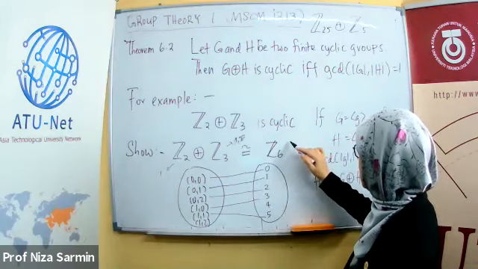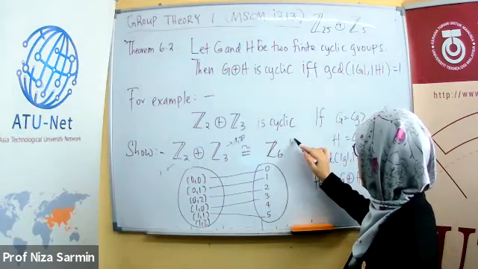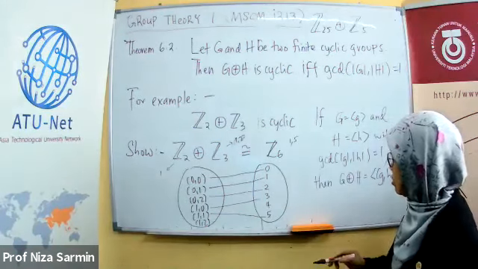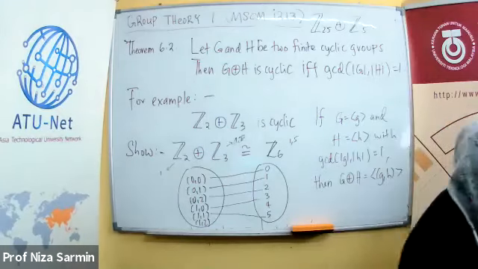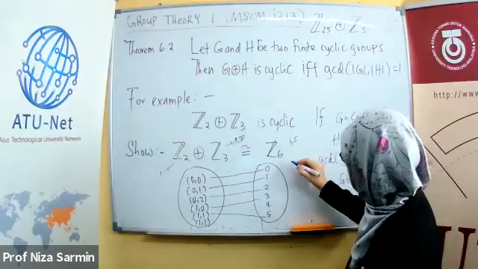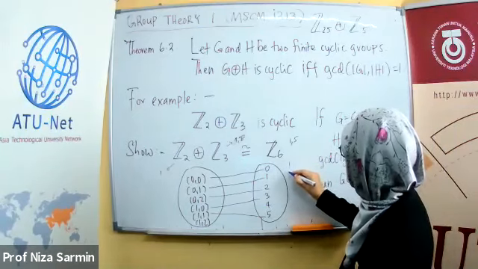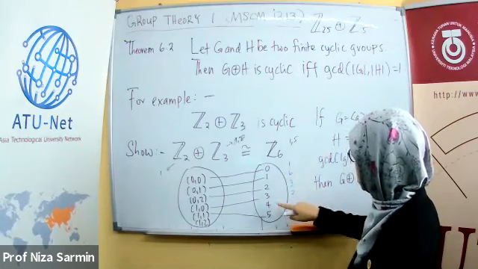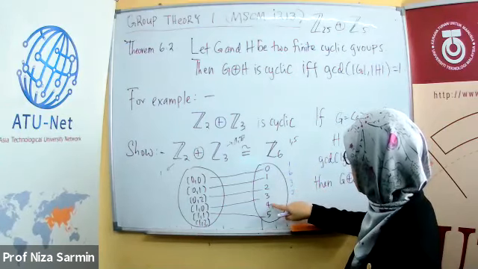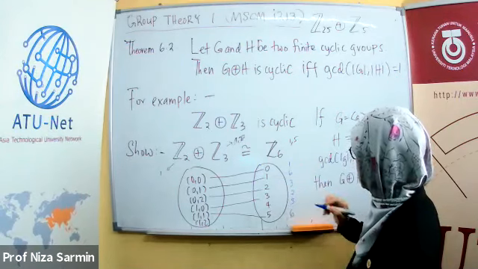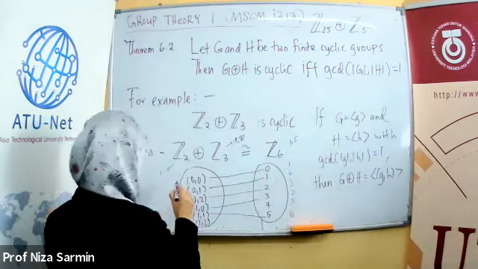The generator here is 1, 2, 3, 4, 5. Only 2, right? So let me put the order, before you get confused. I got confused too. Put the order: 1, 6, 3, 2, 3, right? 3, 6, 1.